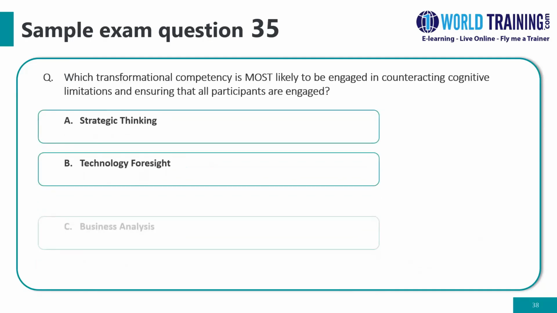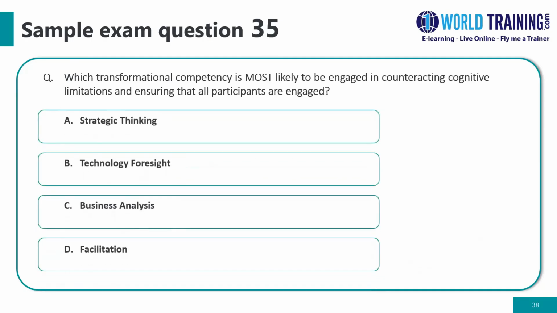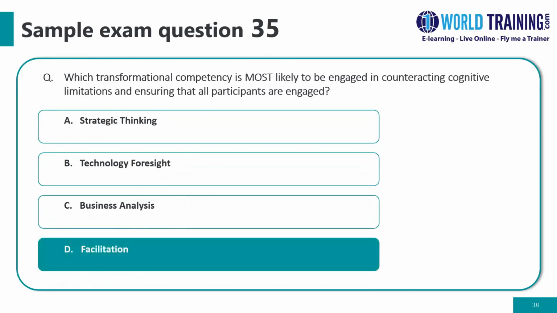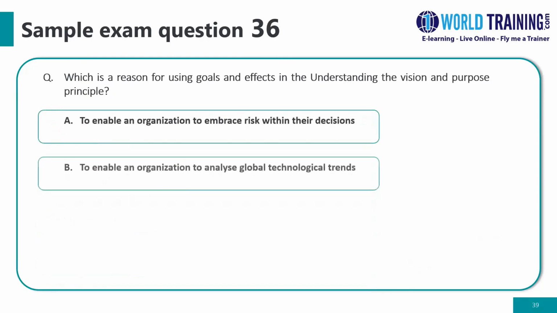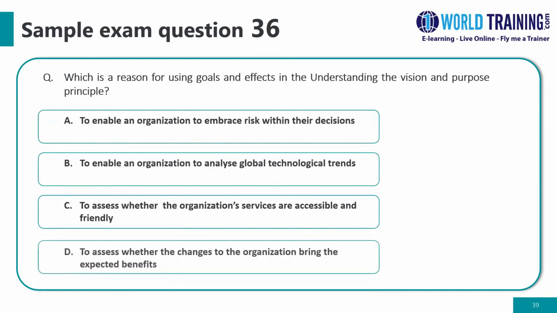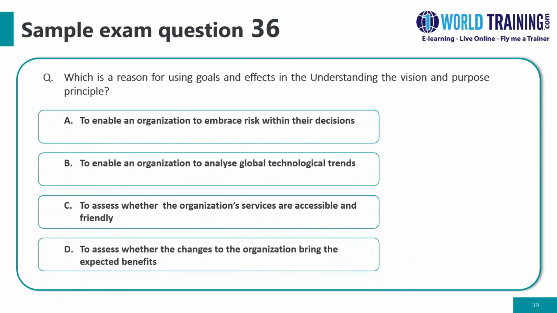Number 35, which transformational competency is most likely to be engaged in counteracting cognitive limitations and ensuring that all participants are engaged? Answer is C, facilitation. Number 36, which is a reason for using goals and effects in the understanding the vision and purpose principle?